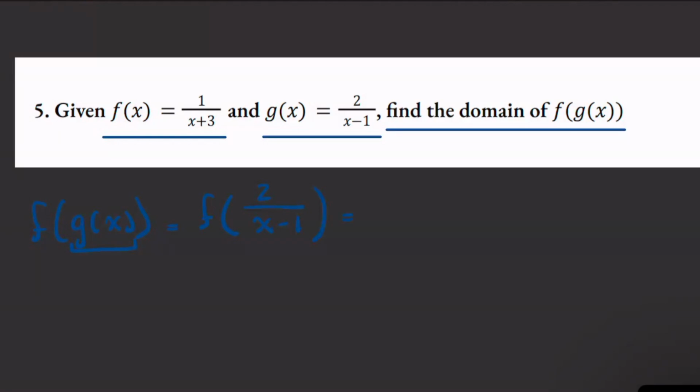And now here, I am going to input this for every x I see in f of x. So here, this is the only x place I see. So instead of this x place, I am just going to put the function 2 over x minus 1, and now plus 3.